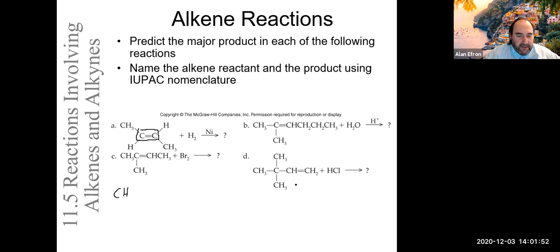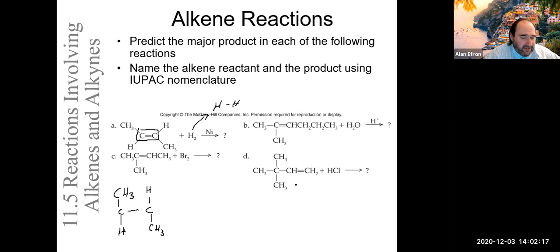So I'm just going to draw this exactly like they gave me. Again, I'm going to change it just a little bit. I'm just going to make a double bond here, and I'm going to draw it a little straighter than they have it. But you could draw it exactly like it was, right? And in this particular case, absolutely nothing else changes along the way. We're adding H2, which is 2 H's.